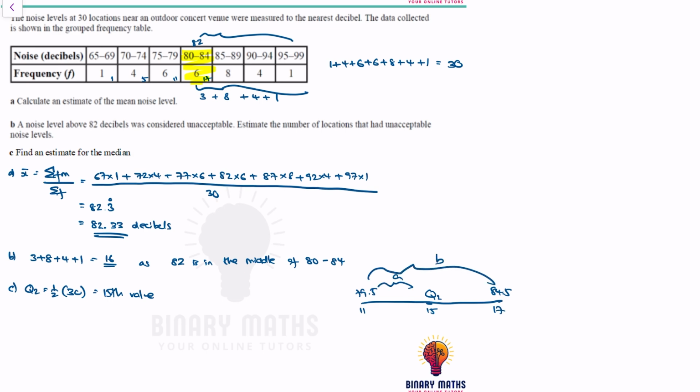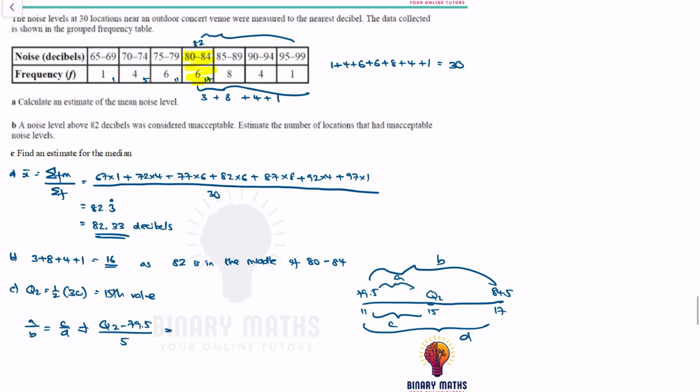So A over B equals C over D: Q2 minus 79.5 over 84.5 take away 79.5, which is 5, equals 15 take away 11, which is 4, over 17 take away 11, which is 6. So Q2 is 4 over 6 times 5 plus 79.5, which is 82.83 recurring, 82.83 decibels.